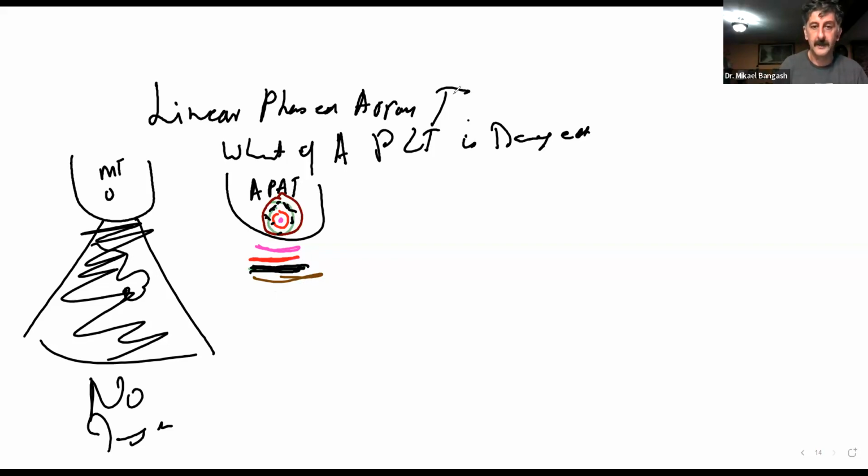But for your linear phased array, we say this was the PCT, or this was the transducer.